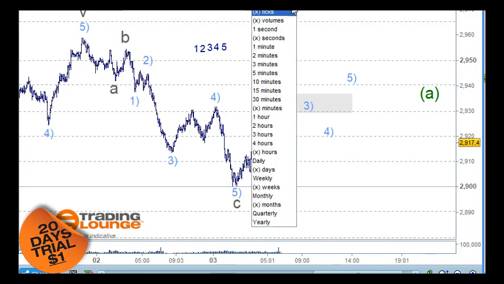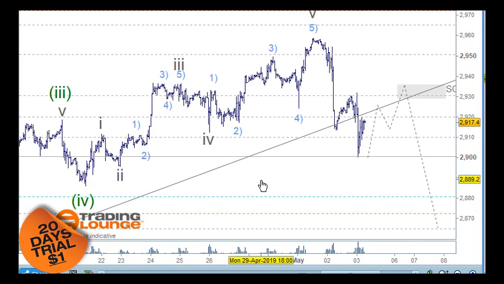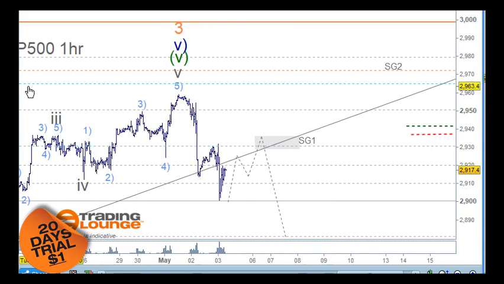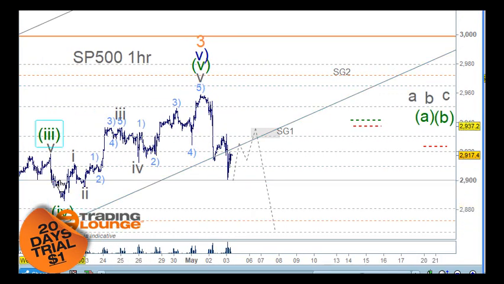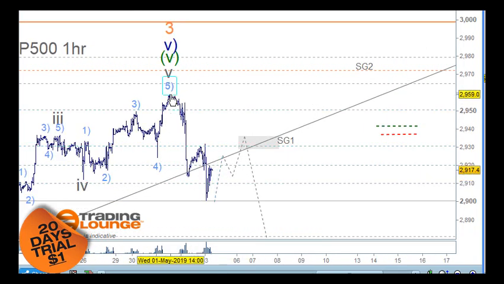But when you get to that point, if I can go back to the hourly chart now, just on the hourly chart here, because we've been counting all this to go up through here, so 1 and 2 and 3 and 4 and 5. So everybody will be looking at it like that, and that's probably correct.